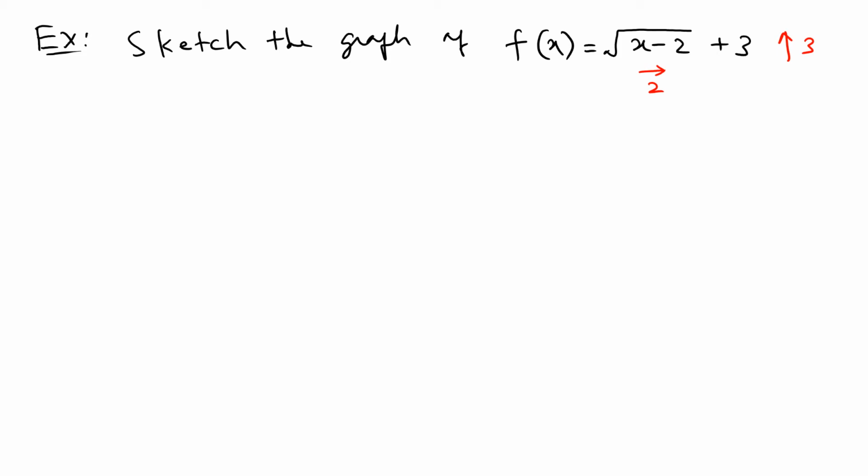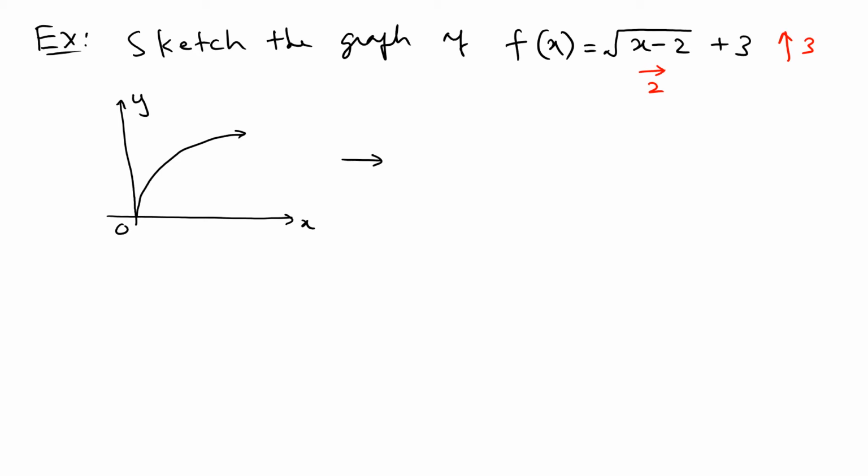Let's start with the basic function. The basic function here is the square root function that we know. This is the square root function. Start with 0. This is x and y. The first step is to move it to the right by 2 units.